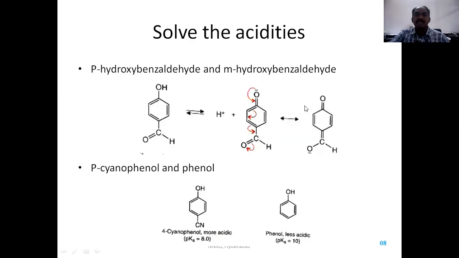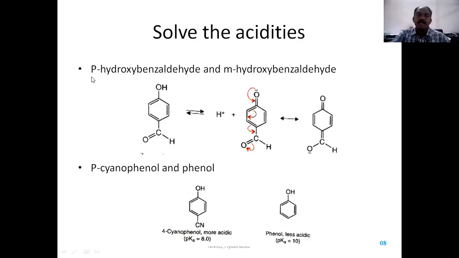So we'll see some examples here, comparing the acidities of different phenols: para-hydroxybenzaldehyde and meta-hydroxybenzaldehyde. Para-hydroxybenzaldehyde is a stronger acid than meta, because in para, the delocalization is involved into the aldehyde group, whereas in meta-hydroxybenzaldehyde, the delocalization is not into the aldehyde group.